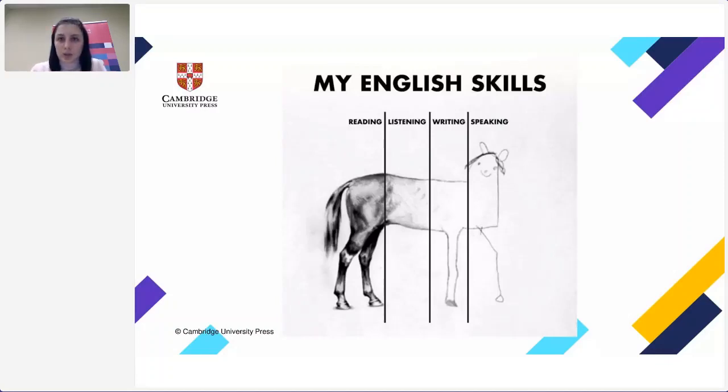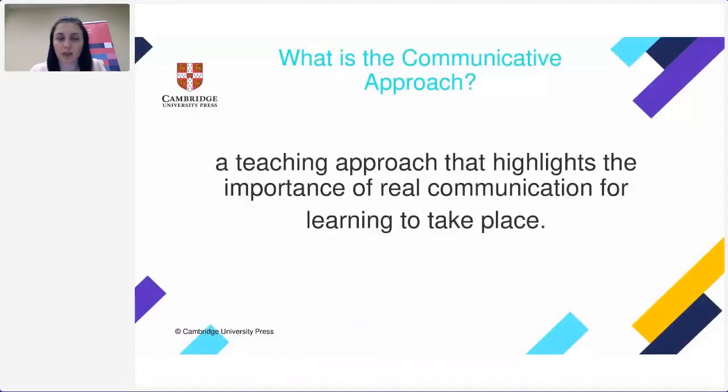What does it mean, communicative approach? It means that this is a teaching approach that highlights the importance of real communication for learning to take place. So when we are in different situations, we need to ask how to get somewhere.